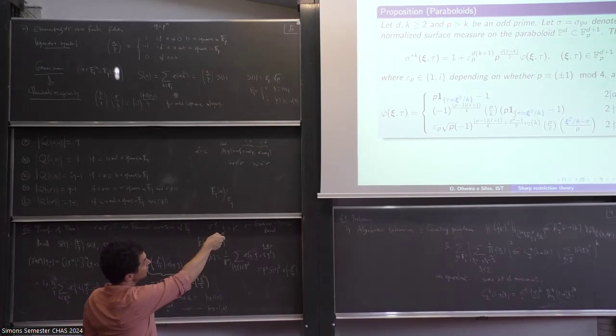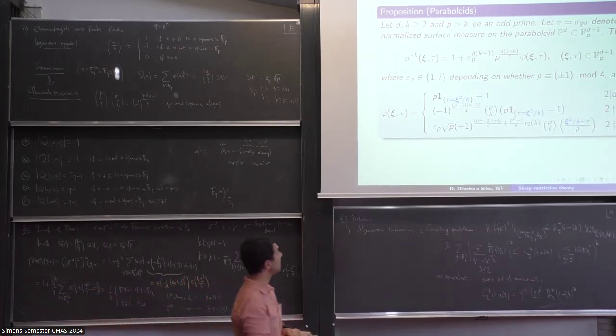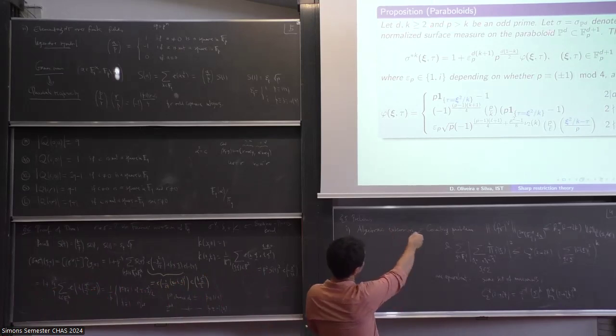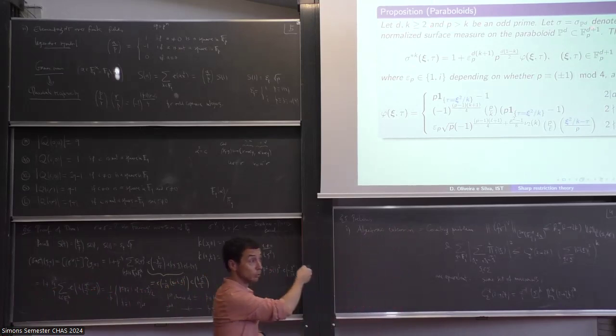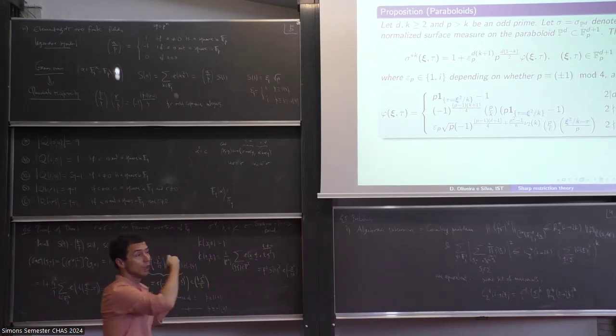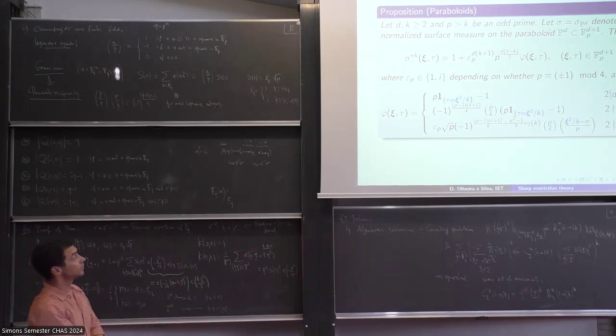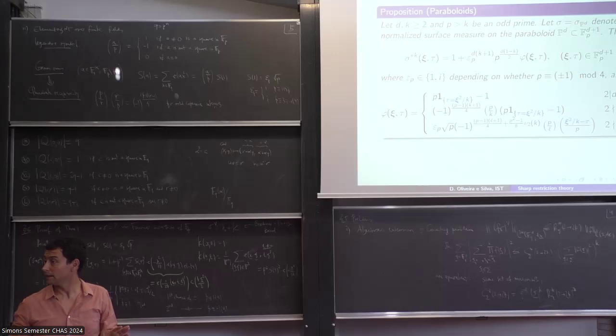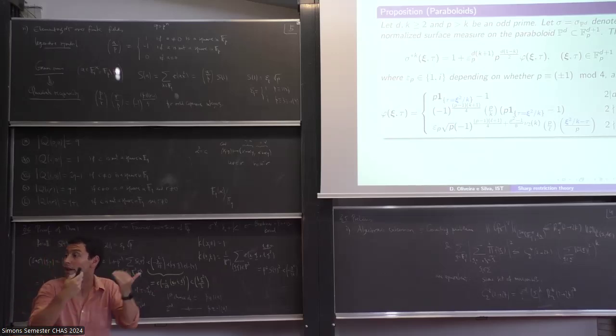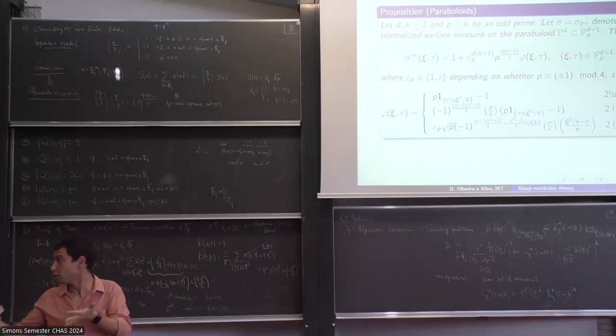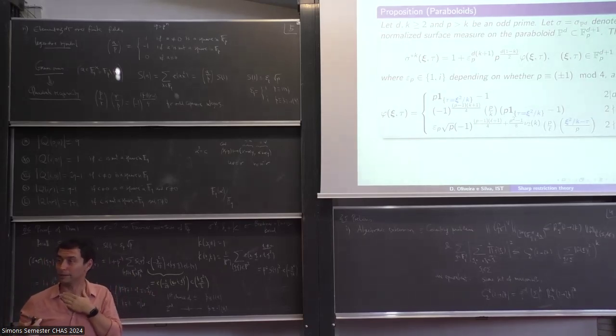For technical reasons, we need the prime to be strictly larger than k, an odd prime again. And this is an explicit computation of the k-fold convolution of a normalized surface measure on the paraboloid, for any k and any d. The disadvantage is that this only works on F_p, not on F_q. For F_q, we would need to solve the counting problem, and that sounds a bit intractable at the moment.